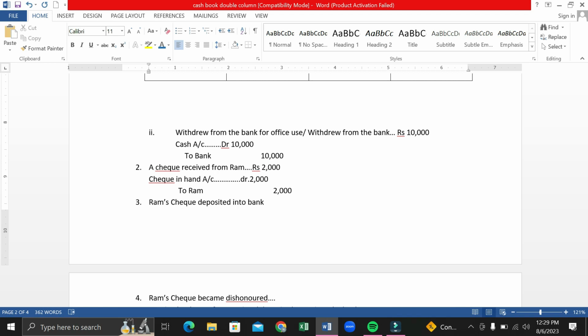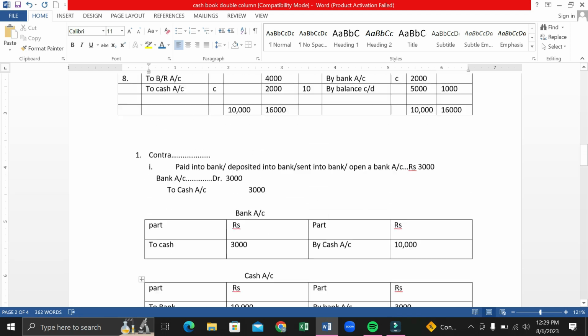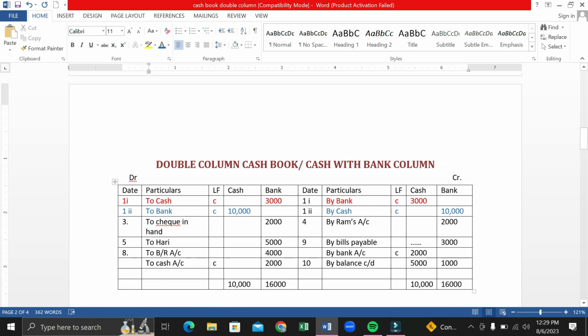Now the third entry is Ram's check is deposited into the bank. The check which we received from Ram, we have now deposited into the bank, so it will affect your cash book. The third entry will be check in hand, and the amount will be transferred in the bank column, because when you prepare the journal entry for depositing a check into the bank, it becomes bank account debit to check in hand.